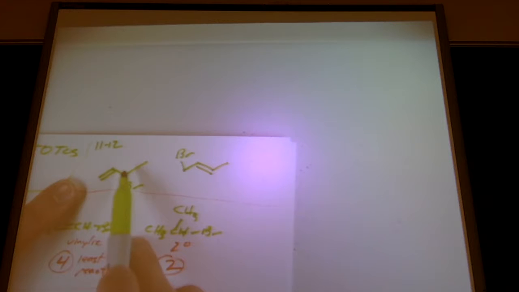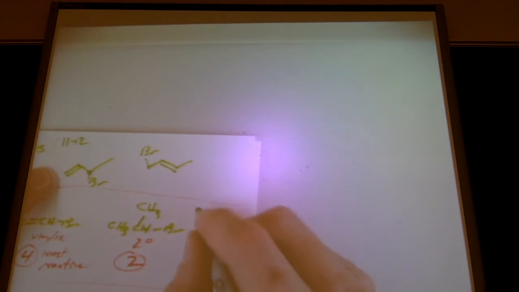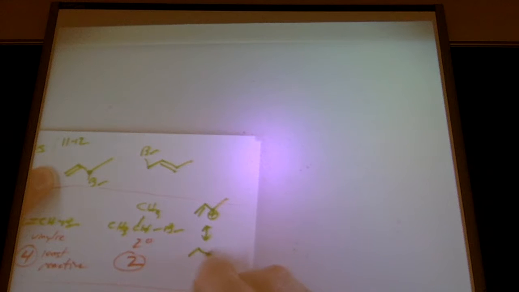Well, let's look at the resonance structures of the carbocations for each of these. If I look at the resonance structures for this one, I have those two resonance structures. I took the bromine off here, leaving a positive charge, and these two electrons are donated over there.